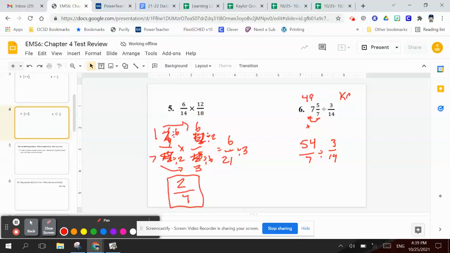Now I need to use the keep, change, flip method. 54 over 7 times 14/3. 3 goes into 54 18 times. 7 goes into 7 once. 7 goes into 14 twice. 18 times 2 is 36. 1 times 1 is 1. So my answer is 36.